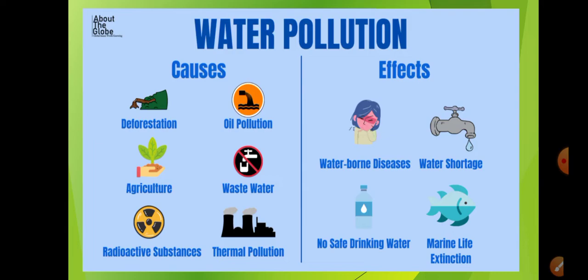So in such cases, many animals die also. Many species struggle to survive in such an environment, so they die. And if all the animals of a particular species die, then it obviously means that they have become extinct from this world. So marine life extinction happens because of water pollution.